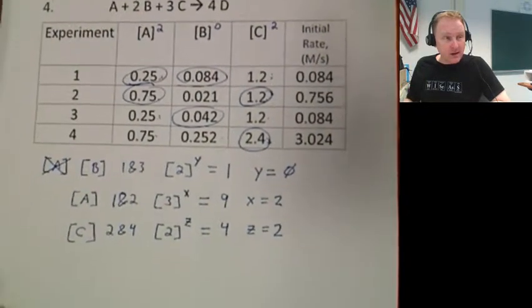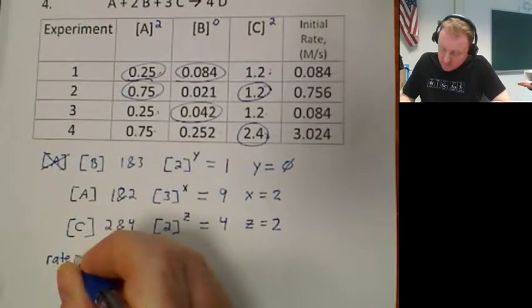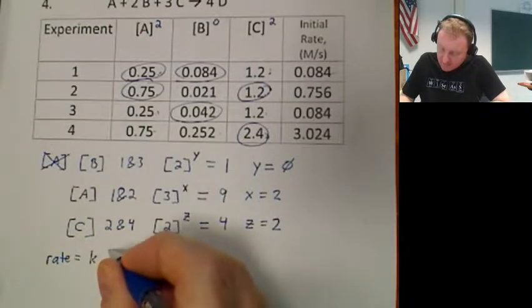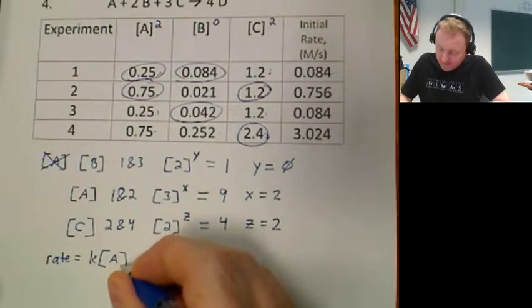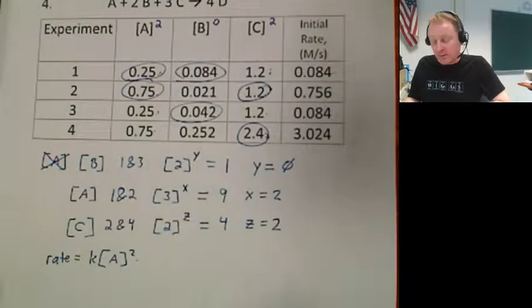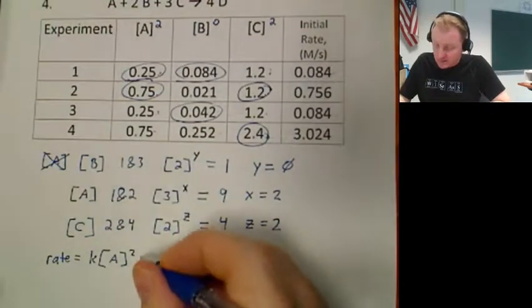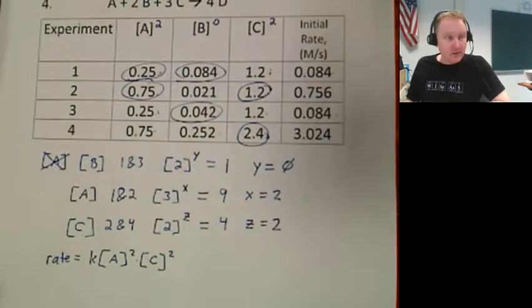So our rate law would be this. The rate equals K times A squared times B to the 0 power, which is 1, no matter what B is, so we could just leave that out, times C to the second order.